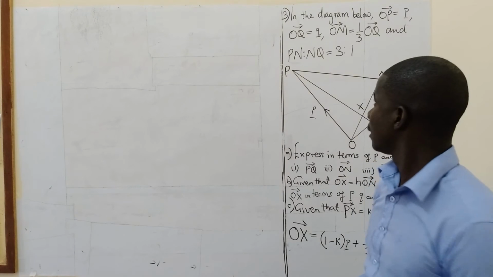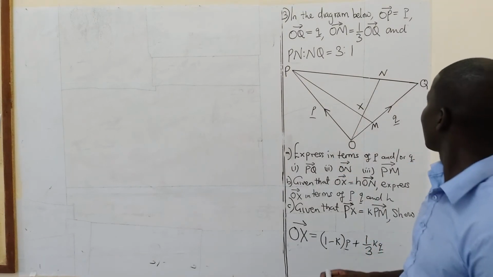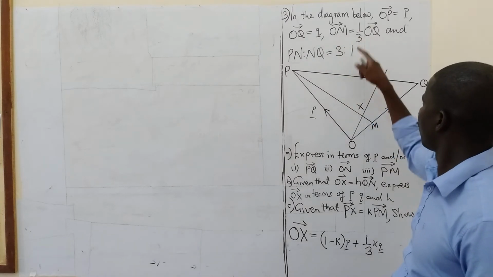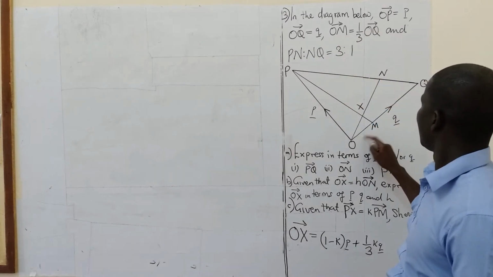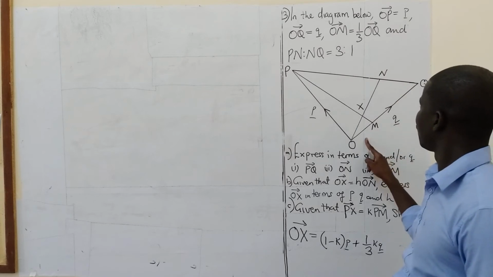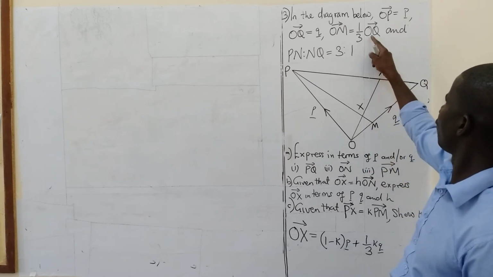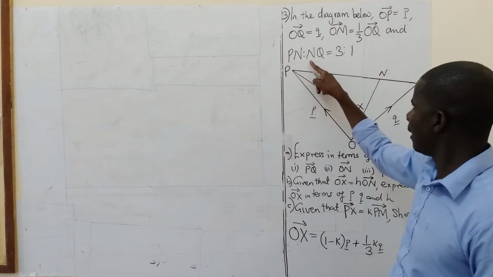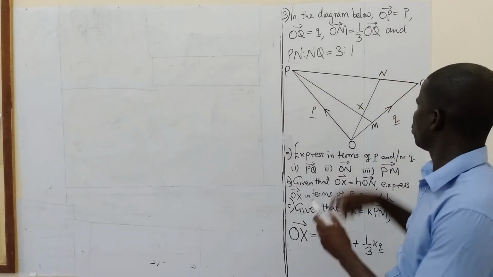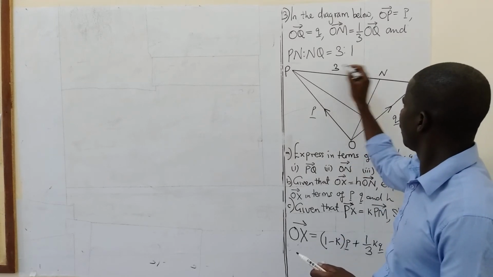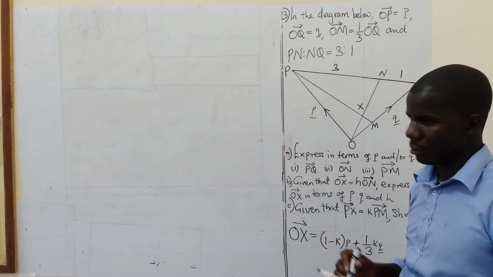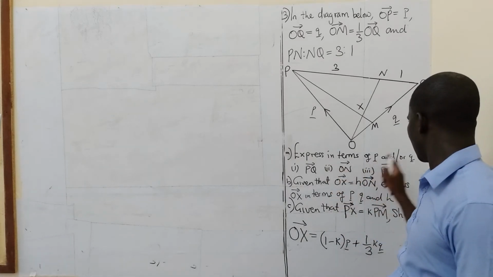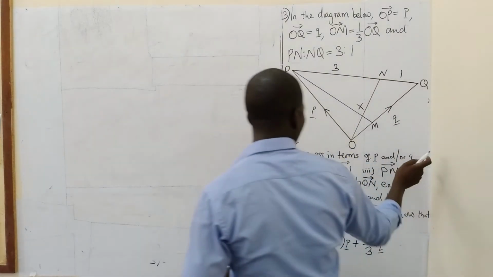In the diagram below, OP is equal to p, OQ is equal to q, OM is equal to 1 over 3 of OQ, and PN to NQ is equal to 3, 1 here.